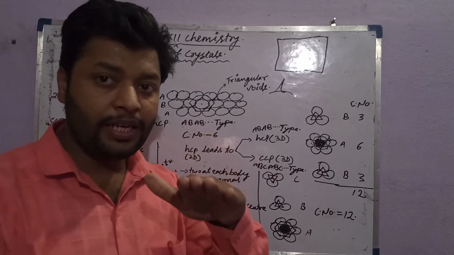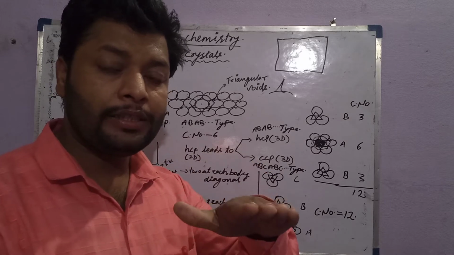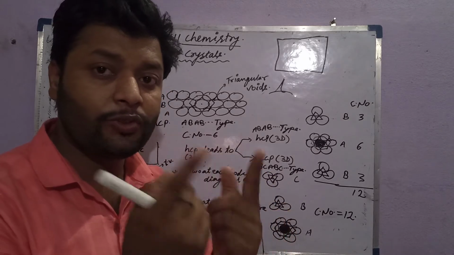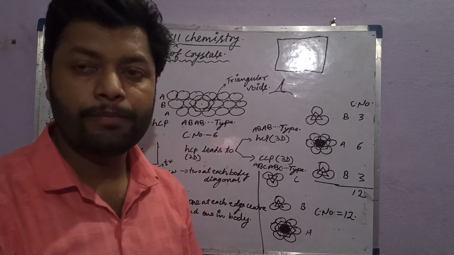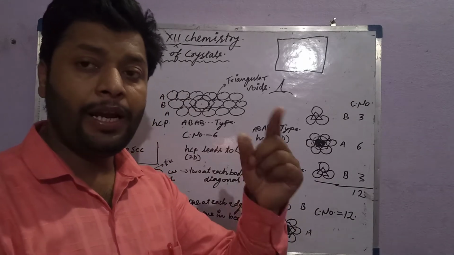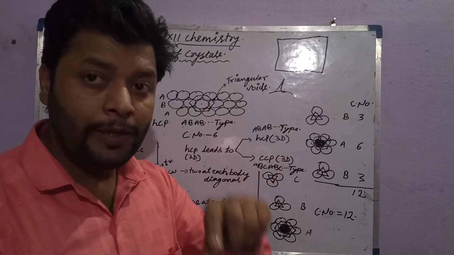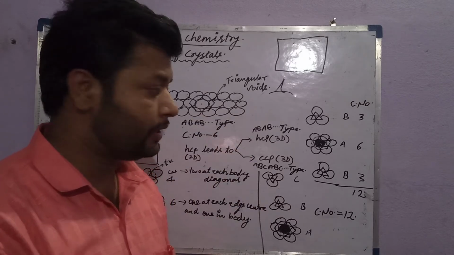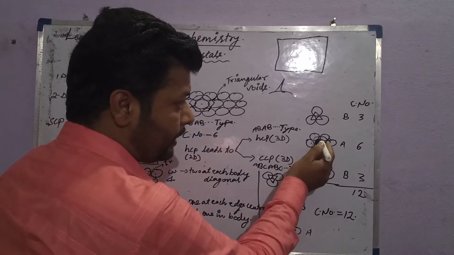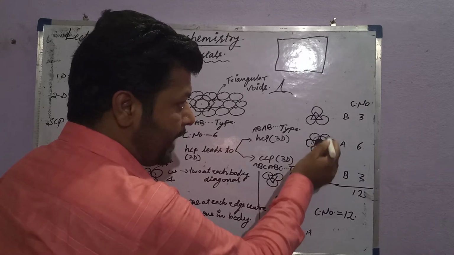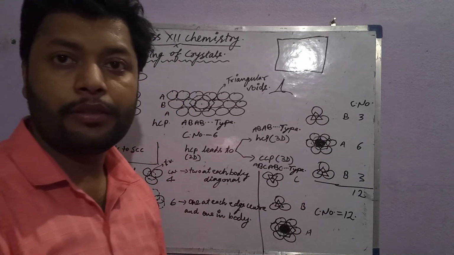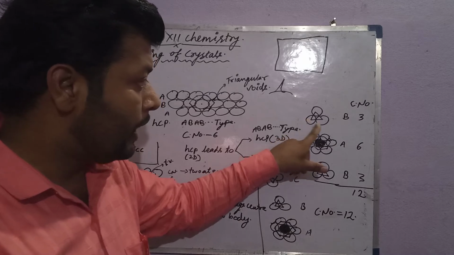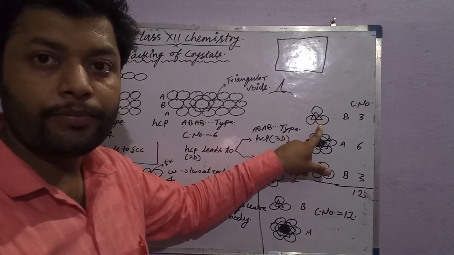Means the center layer or middle layer is different, having a coordination number of 6, as you can see. The next upper layer and the next lower layer take the gaps of the whites. These are the gaps, and they are taken by the layer, which forms a different layer.